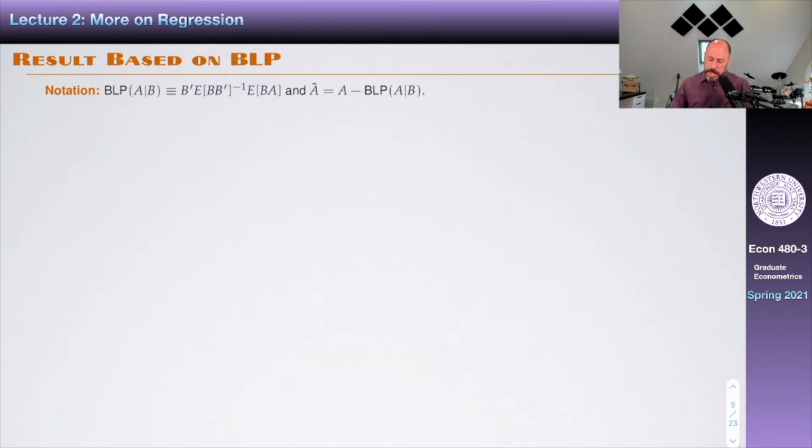Okay. So let me now write the following. Beta 1 tilde is the expected value of x1 tilde x1 tilde prime, inverse, expected value of x tilde 1 y tilde. And then what I'm going to do is to replace the y tilde variable.